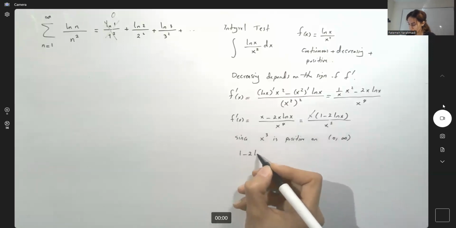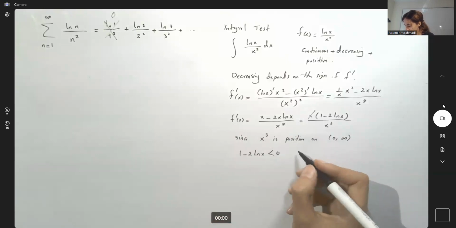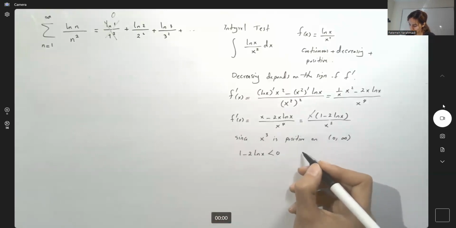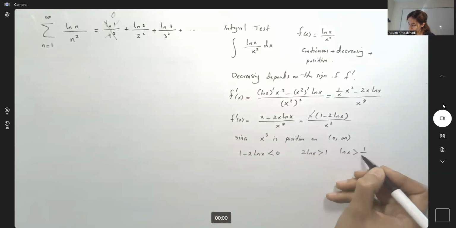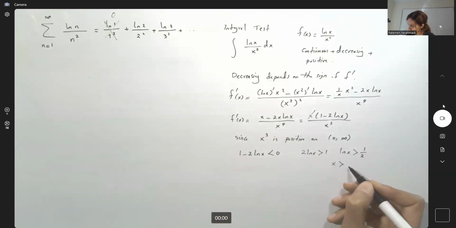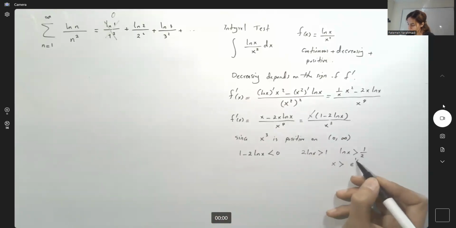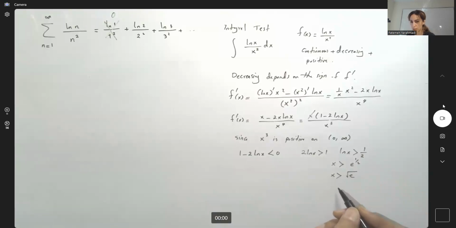1 minus 2 ln of x is going to be negative where? So here you have 2 ln of x more than 1, or ln of x more than a half, or x is more than, let's see, e to the power of a half, or x is more than square root of e. Guys, it says more than, it doesn't have any equality.